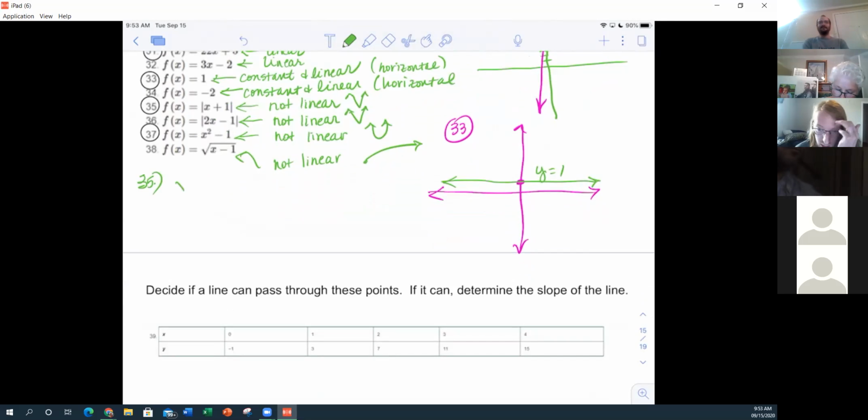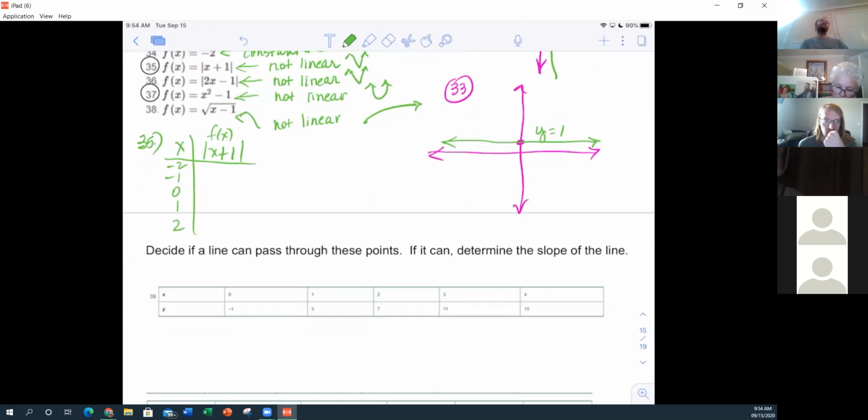So we have x and absolute value of x plus 1 is our f of x, or our y. So I always pick 0, pick a couple negative numbers, and a couple of positive numbers.